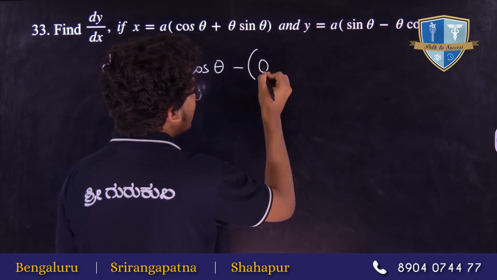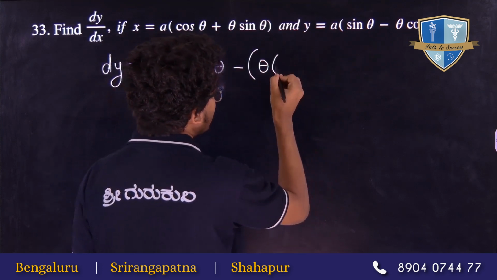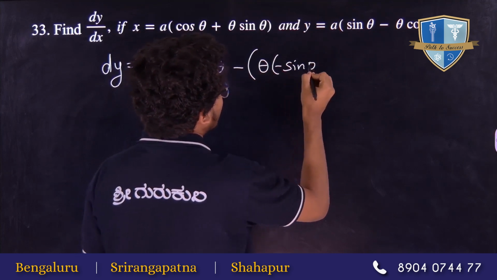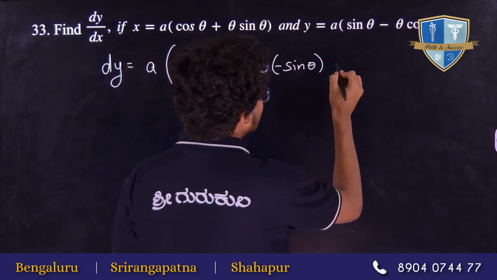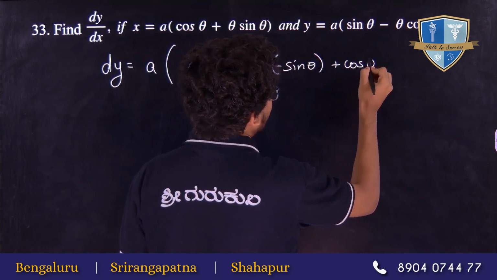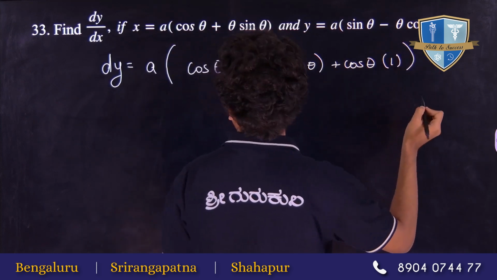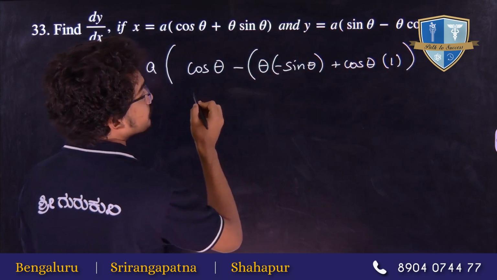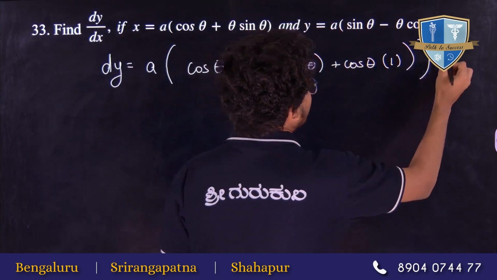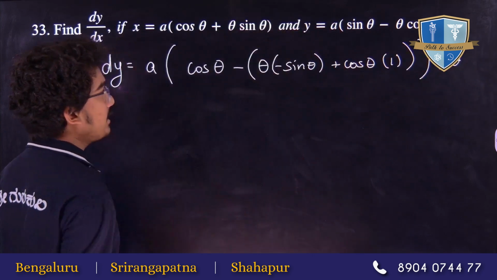So we'll take theta as it is, differentiation of cos theta is minus sin theta. Then we'll take cos theta as it is, plus cos theta as it is, and differentiation of theta is 1, correct? And this entire bracket into d theta, because we differentiated theta here, correct?